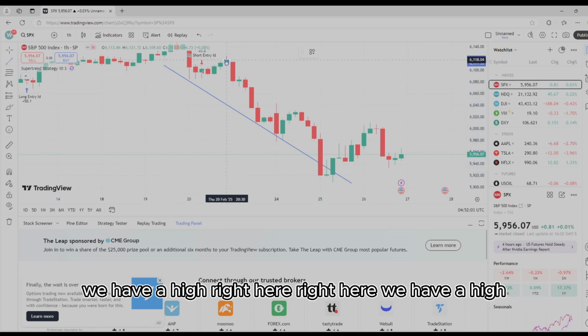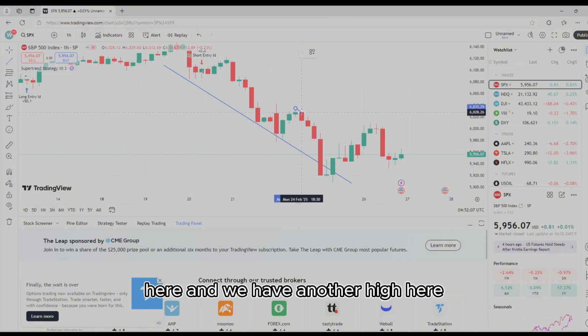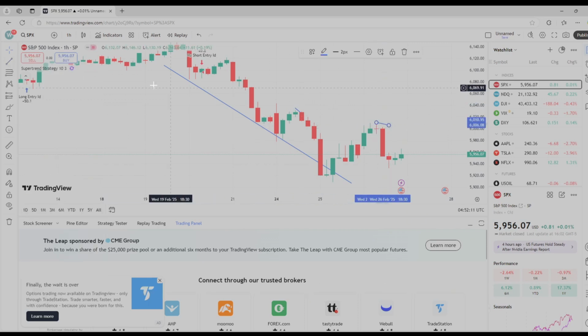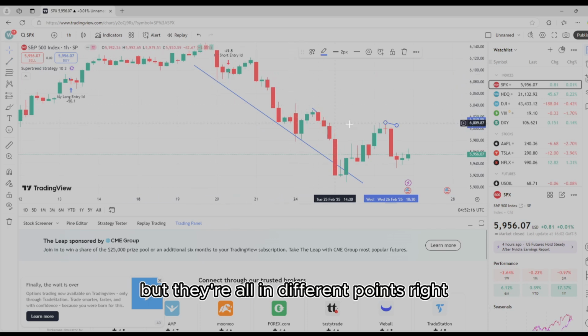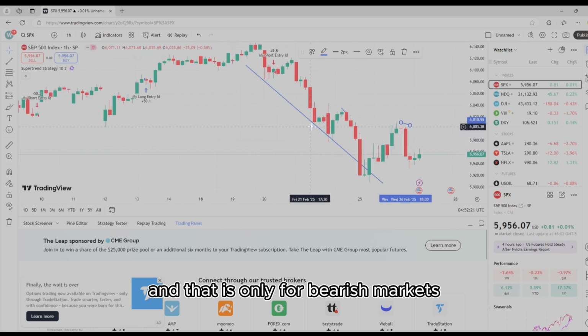Right here we have a high. We have another high here. And we have another high here. All three highs, but they're all at different points, right? What separates them is a lowest low, and that is only for bearish markets.